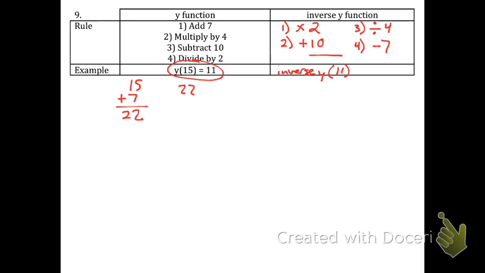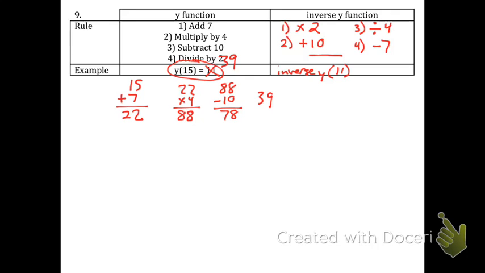And then I do 22 times 4, I get 88. Then I do 88 minus 10, I get 78. Then I divide by 2, 78 divided by 2, and that gives me 39. So this is wrong. It should be a 39 right there. Okay, so I found a mistake in the assignment.